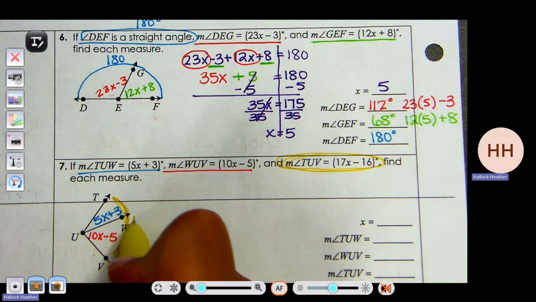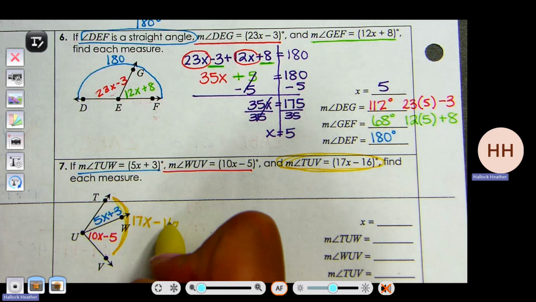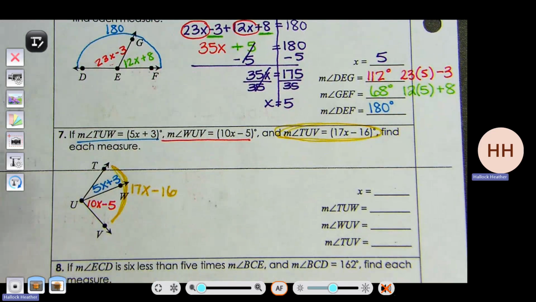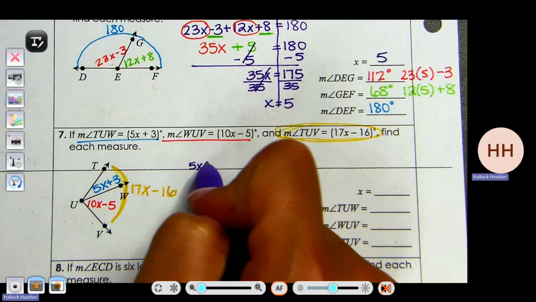So this time the whole thing is 17x minus 16. So it's going to be a little weird, but it's fine. What's one of my little angles? 5x plus 3.